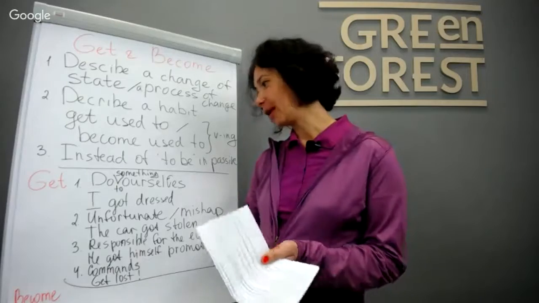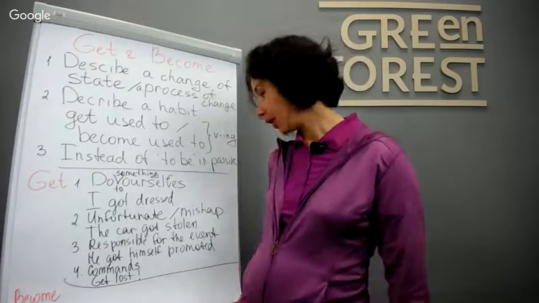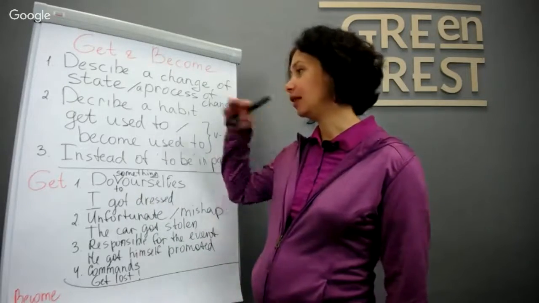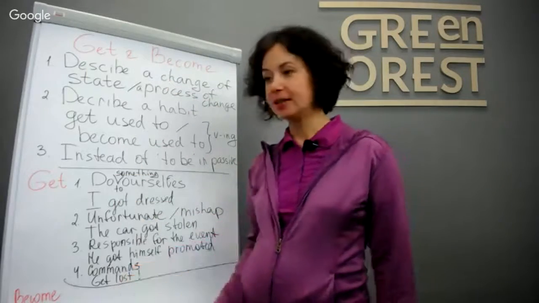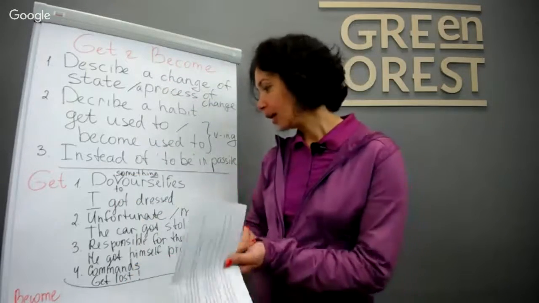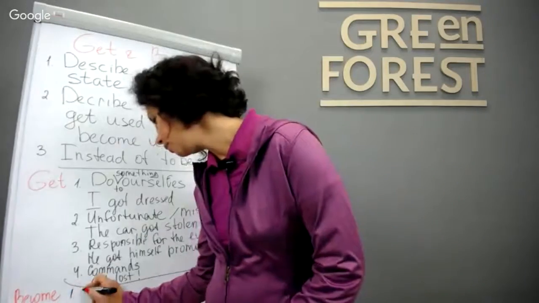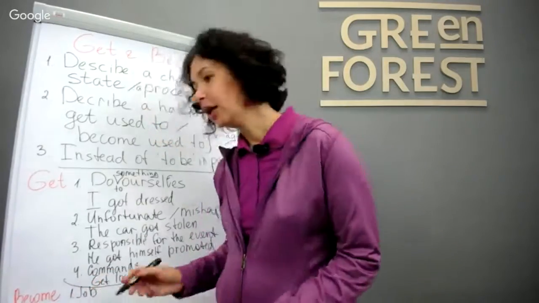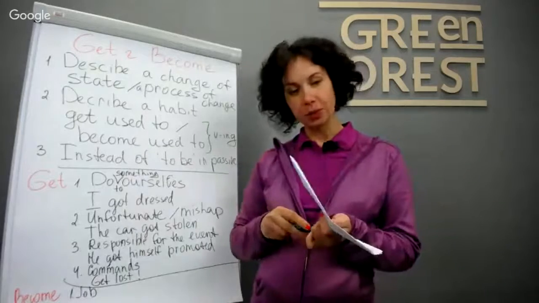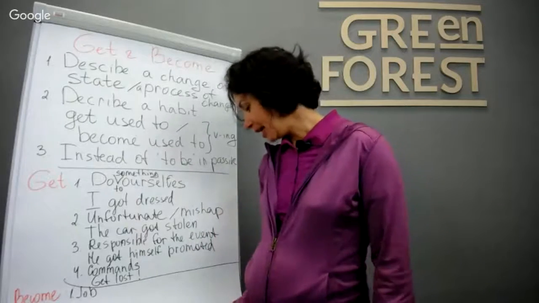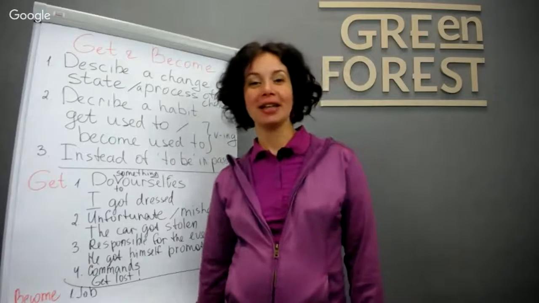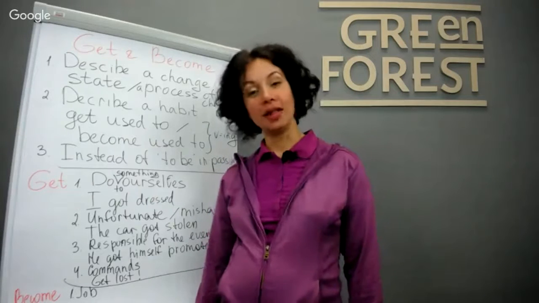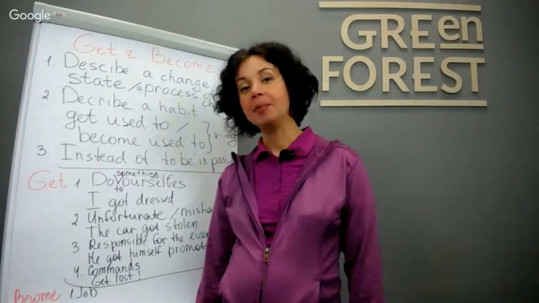When we talk about get and become, you have to keep in mind that in a lot of cases they are similar and in some cases they are different. Become, I will write over here, job, and you will remember that when we want to become another person, or not only job but another state, then we have to use become, not get.